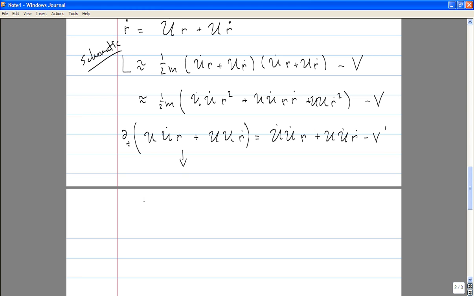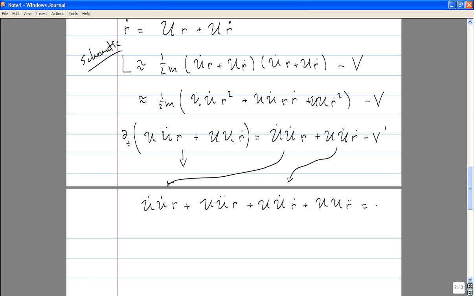Well, we get a term involving second derivatives of U, a term involving U double dot times R, a term involving U dot times R dot, and a term involving U times R double dot. And then we could move all of the other terms over, so you can see that this term is of the same type as that term, and this term is of the same type as that term.